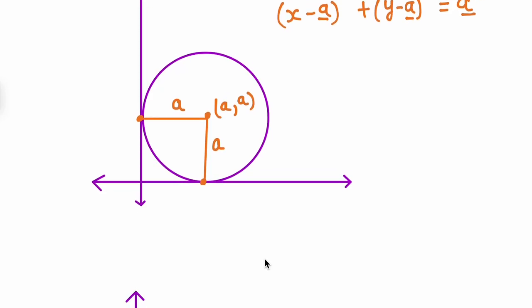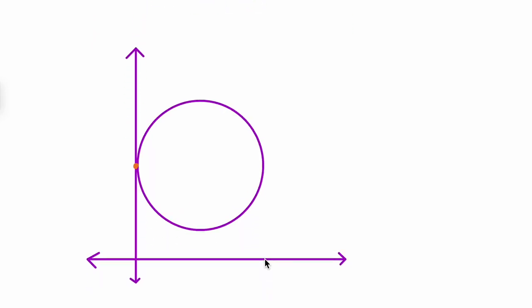Okay, let's see one more case. Here it is touching the y-axis only, right? So if you see this distance, it is equal to the radius of the circle. Suppose you have to write the x coordinate and the y coordinate, this distance is equal to the radius, which is actually the x. So here this is a and 0. Now if you see the y coordinate, this is not actually the radius, so k is as it is.